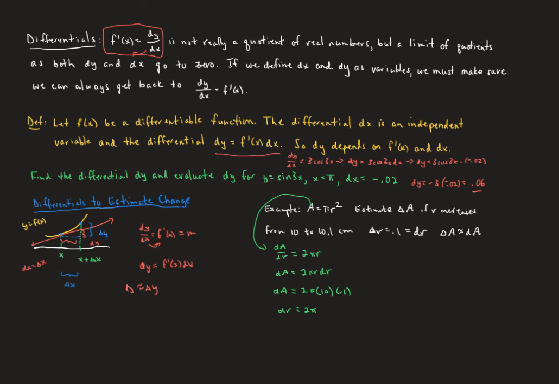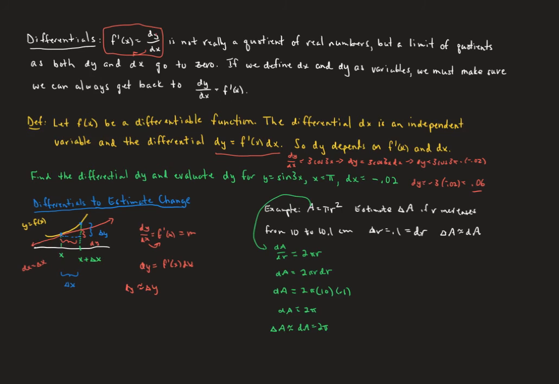I'm sorry, not dr, that's dA. So we are saying that when our radius changes from 10 to 10.1, we're going to approximate that change in the area with our dA, which we're saying is 2 pi. Okay, that's the idea behind it.